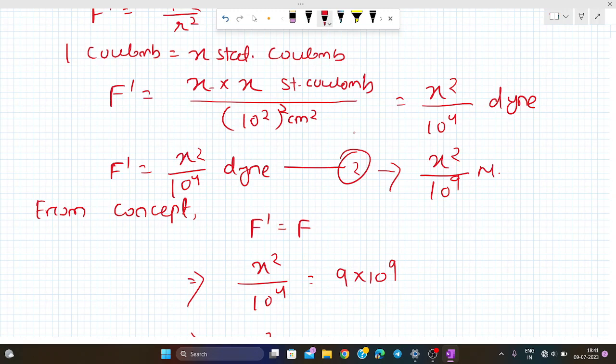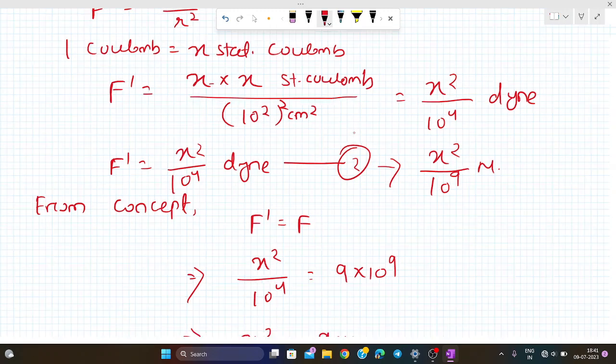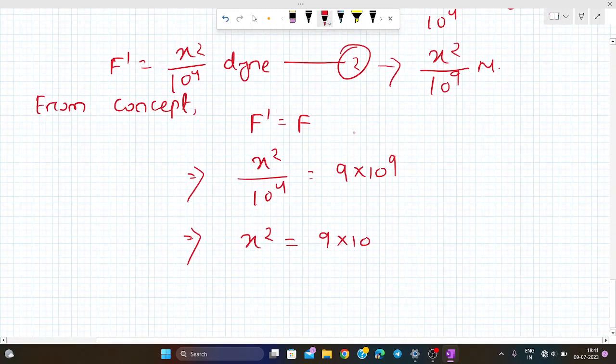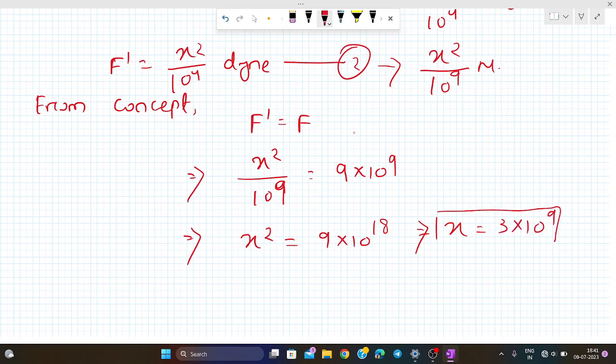Then I just write x square divided by 10 to the power 9 Newton equals 9 into 10 to the power 9 Newton. Newton on both sides cancels out, and x square is 9 into 10 to the power 18. That implies x is equal to 3 into 10 to the power 9.